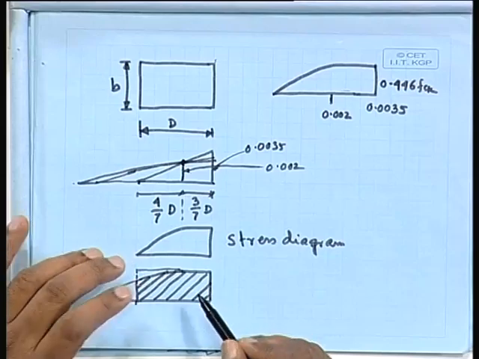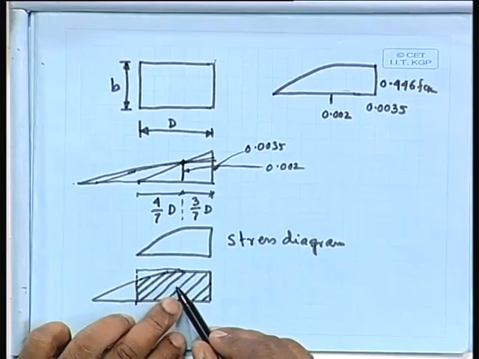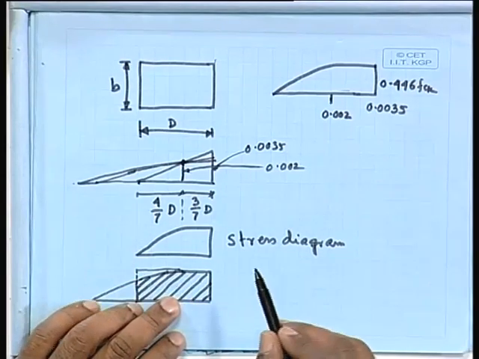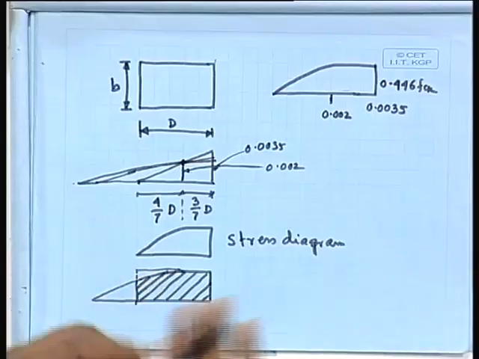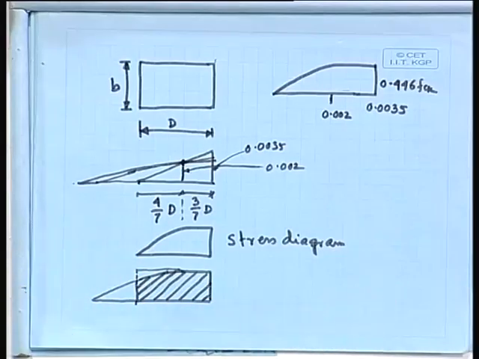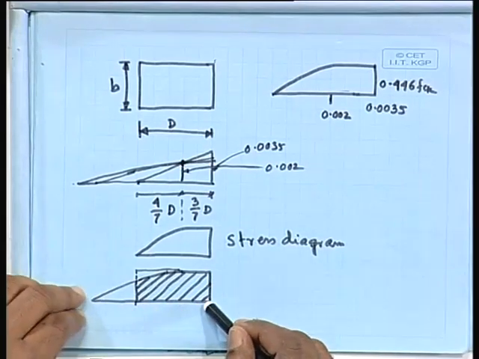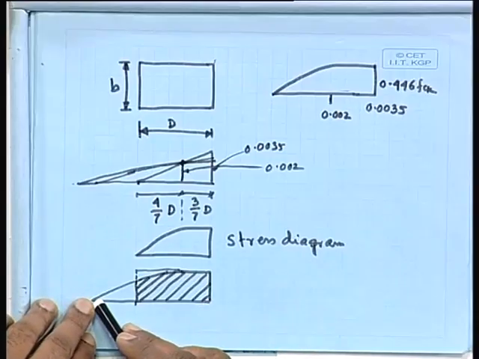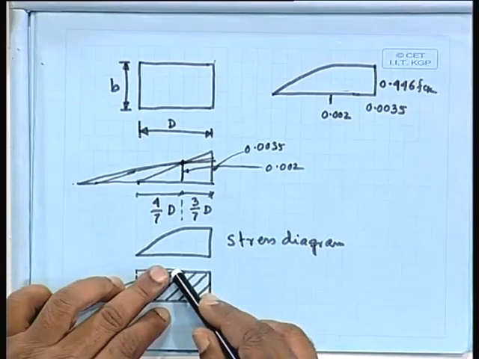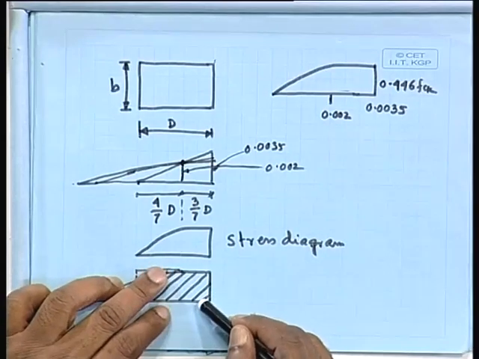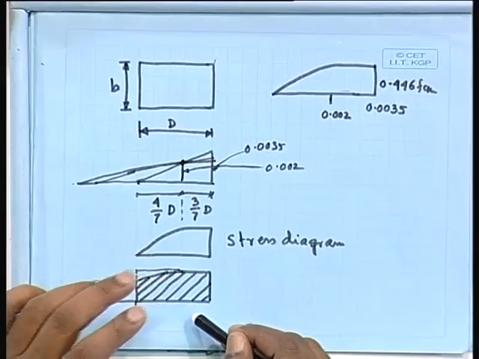So, what is our objective here? Our objective here is that P and M we do not know, because since it is P and M there are two parameters. So, we do not know in which case it is safe. Now, what we have to do, we check it for different neutral axis positions, we find out that P and M, how much moment and how much axial load that particular section can take.